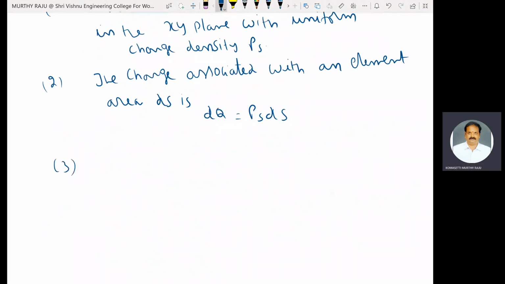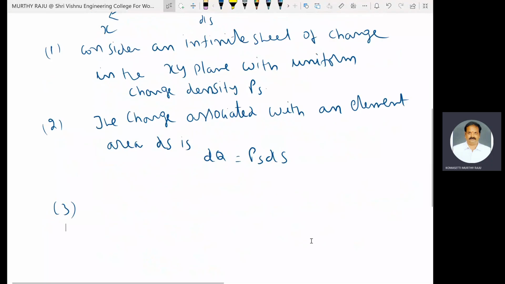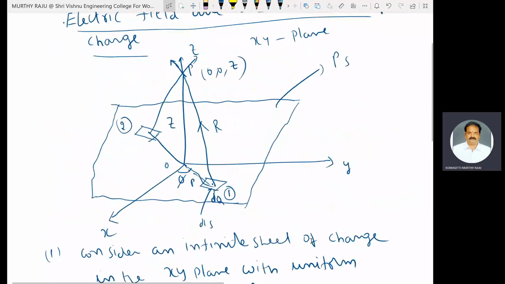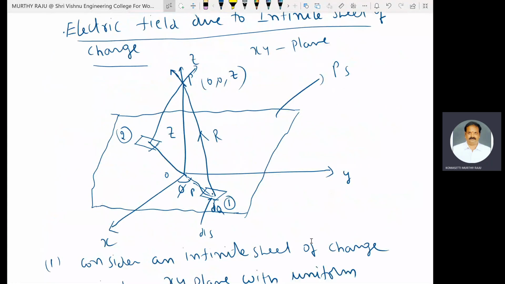Third point is the electric field intensity at point P, that means 0, 0, z, by the elemental surface 1.